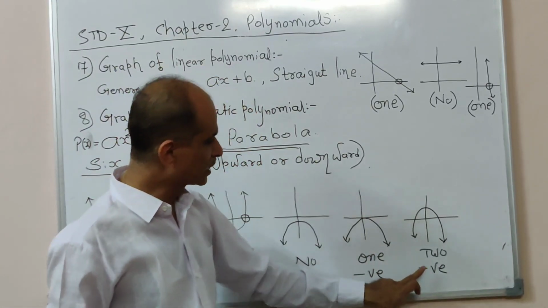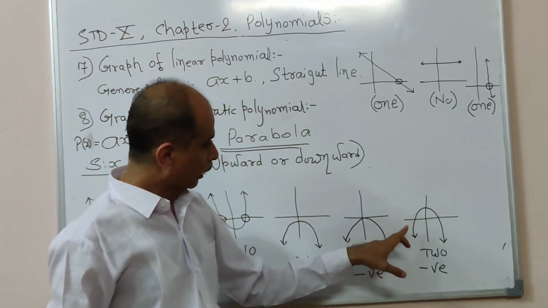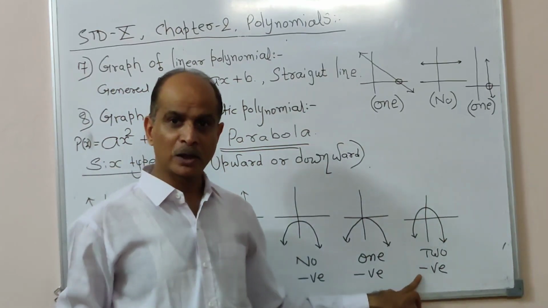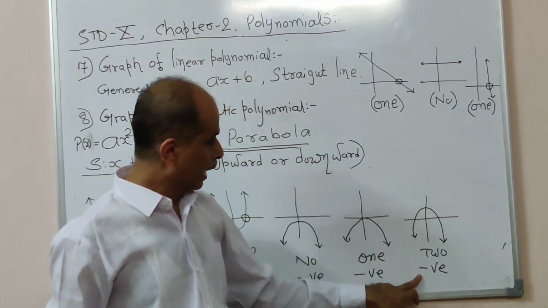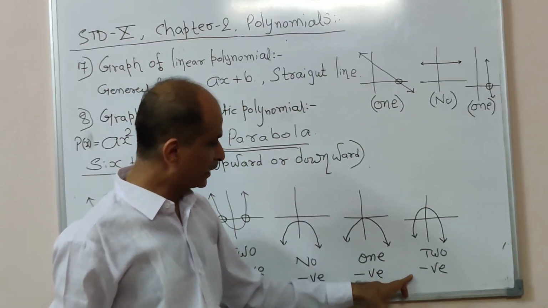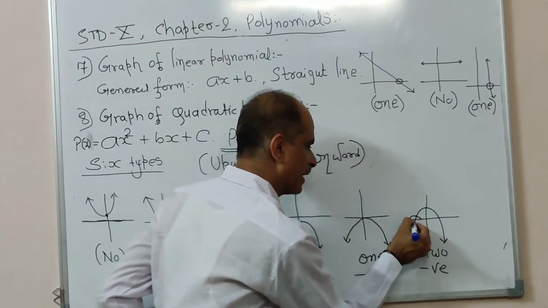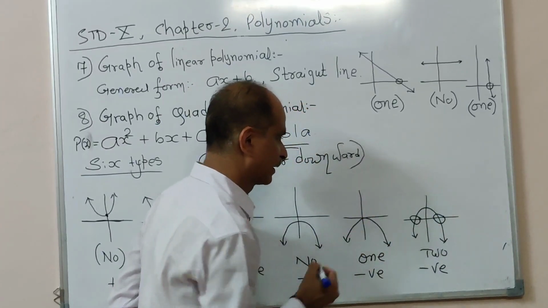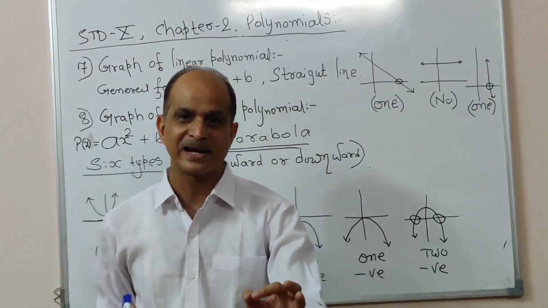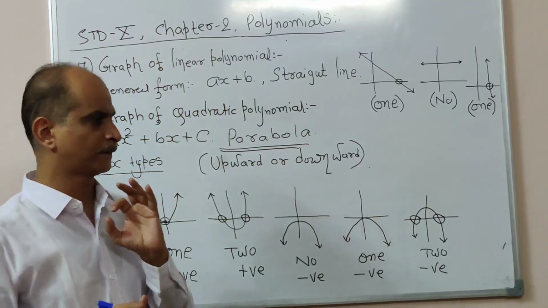While in the third graph, it is a downward parabola, and the coefficient of x square is negative. It intersects the x-axis at 2 points, and that's why it has 2 zeros.